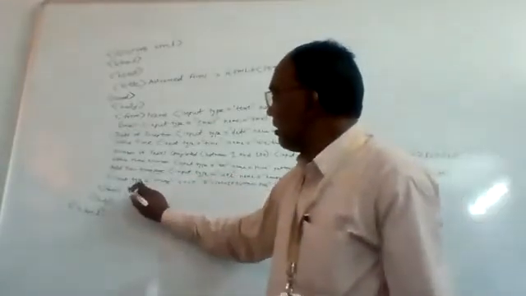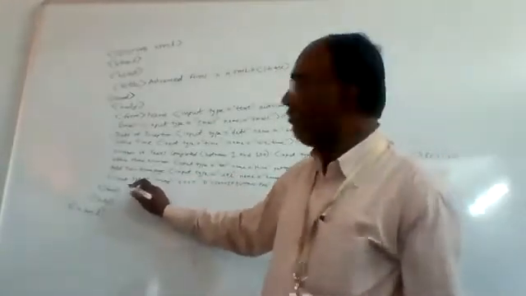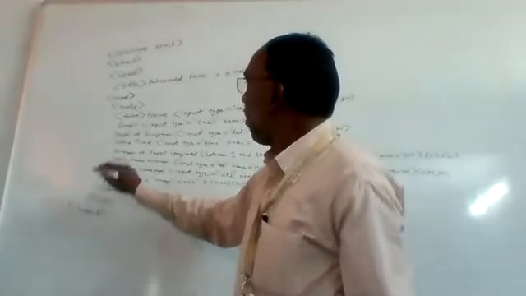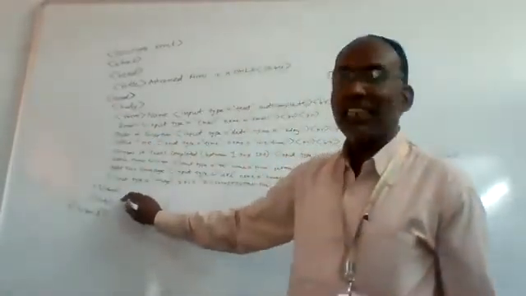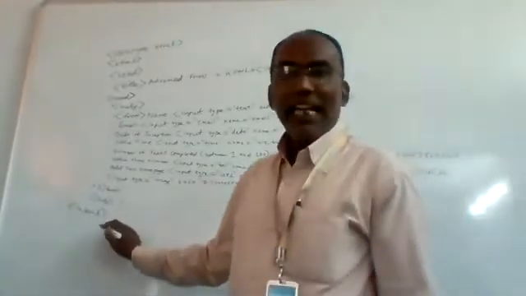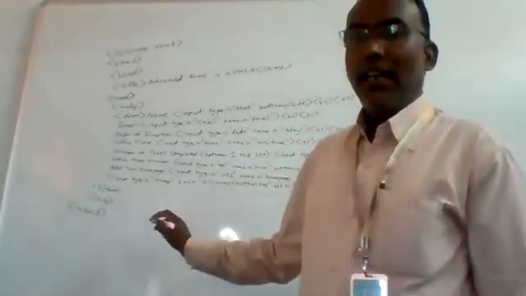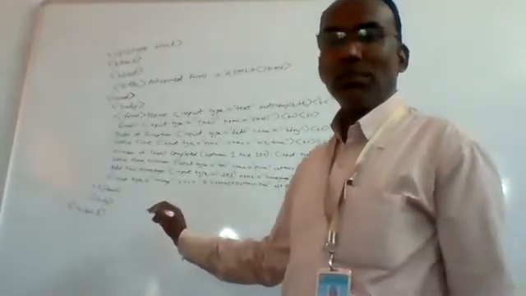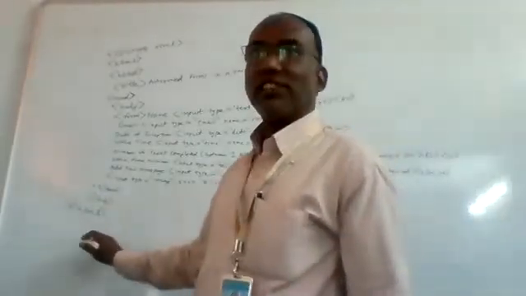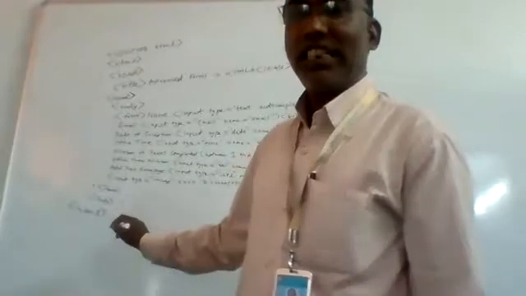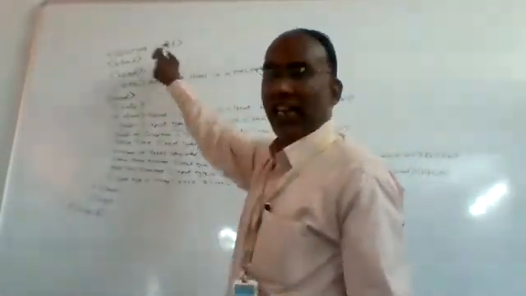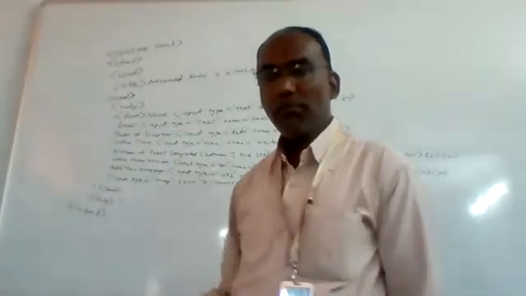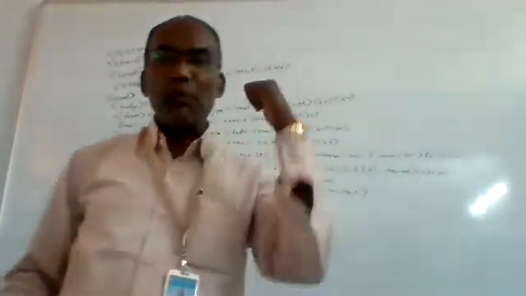Now we are closing the form tag. Then we are closing the body tag and the end of the HTML program, /html. Here we are completing the program, closing the opening HTML tag. Now we have seen the program.